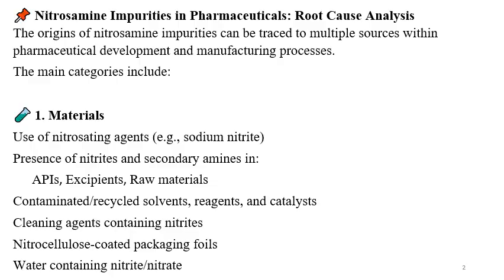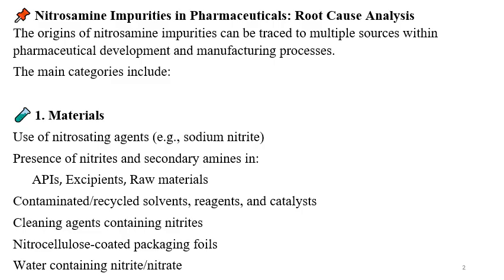So, the use of nitrosating agents, for example, sodium nitrite, presence of the amine groups, mainly the secondary amines, in the APIs, raw materials, excipients, can be the origin or source of the impurities.